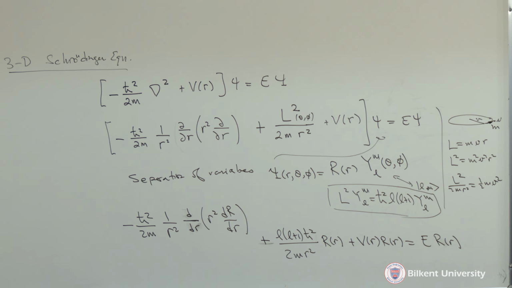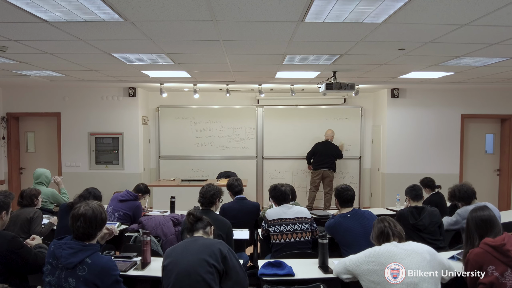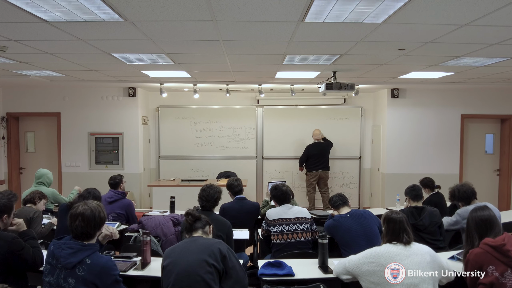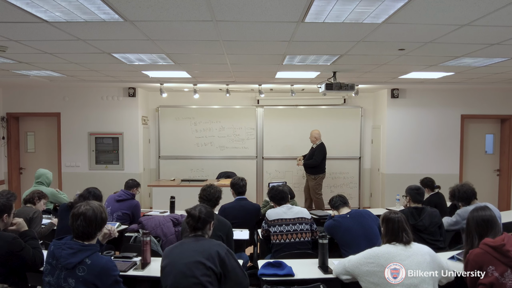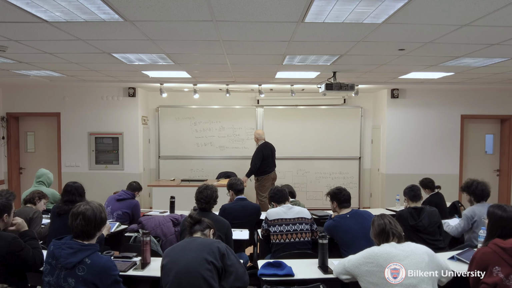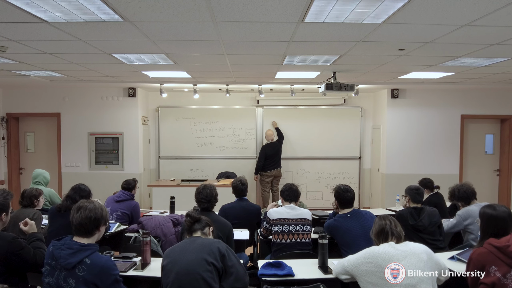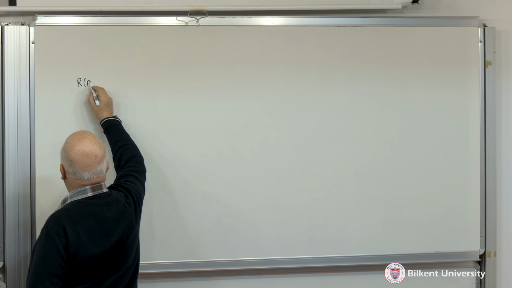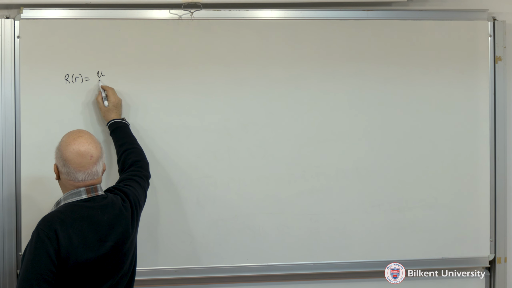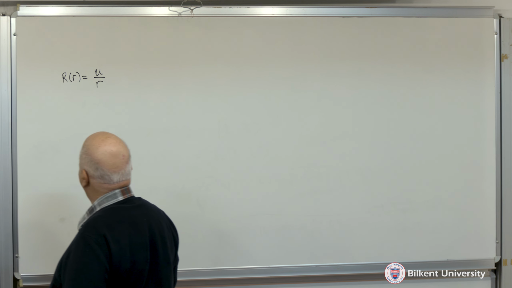All right, so what I am going to do next is to use a trick, and set R of r equal to u divided by r.